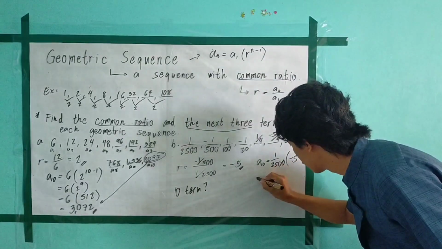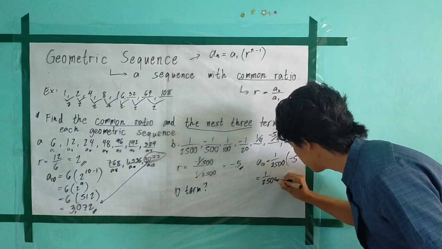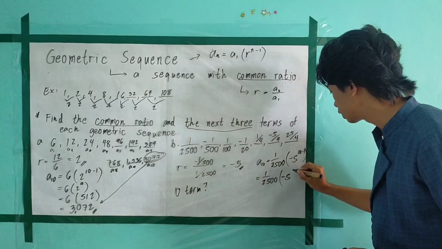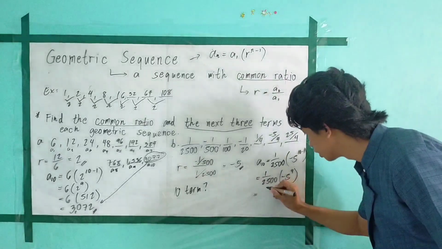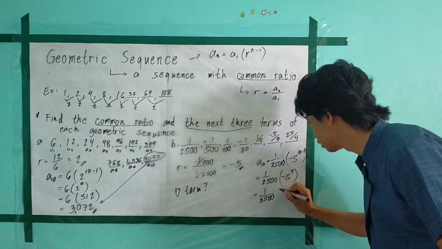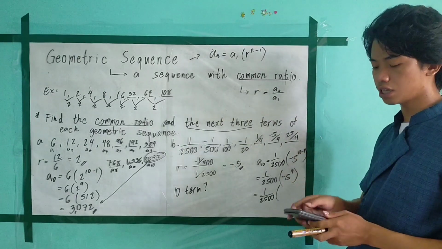Simplify natin. 1 over 2,500 multiply to negative 5 raised to 9. Then, what is negative 5 raised to 9?